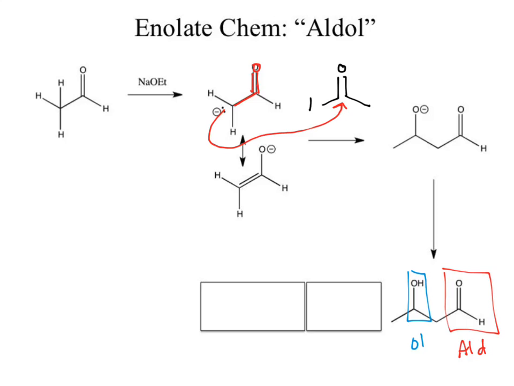It attacks there, and our pi bond breaks open. But then that's not our starting product. That's part of our starting product. That's our nucleophile. Our electrophile is right here. Now in blue, there's our nucleophile.